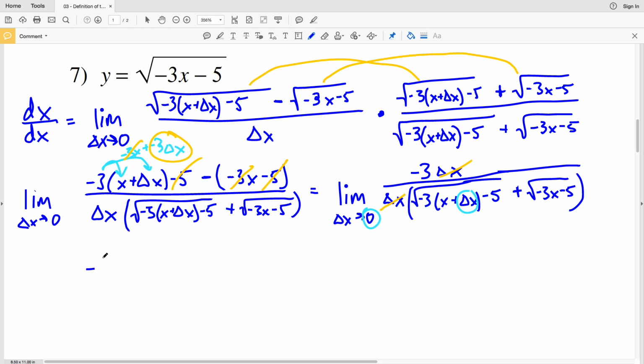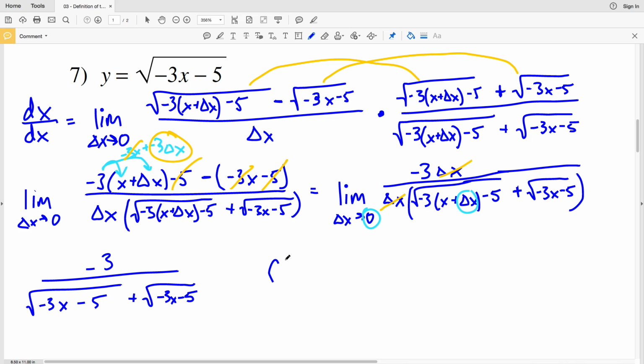So I'll have negative 3 all over the square root of negative 3 times x, because x plus 0 is x, and negative 3 times x is negative 3x, minus 5, and I'm adding that to the square root of negative 3x minus 5. And since I'm adding that to itself, I'm going to have 2 of those.